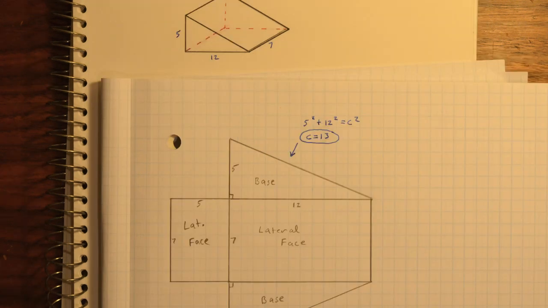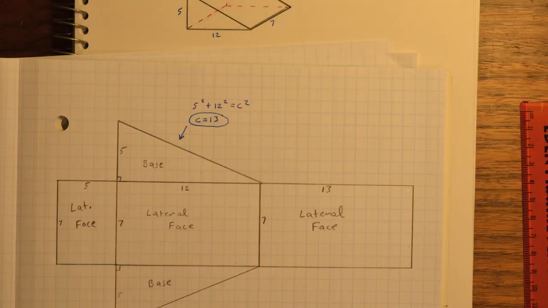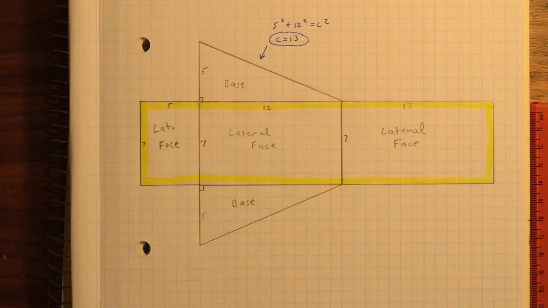And then, if you remember Pythagorean theorem, the third side of the base is going to be 13 units long. And so that slope side is going to be a 7 by 13 rectangle. And so here we have our net. Notice that the lateral faces all together make one big rectangle.